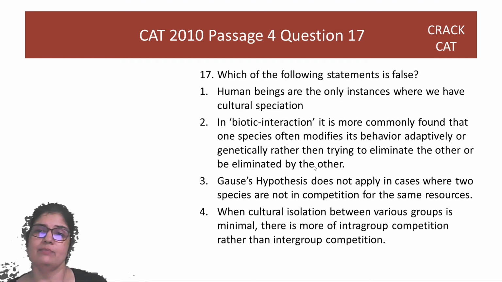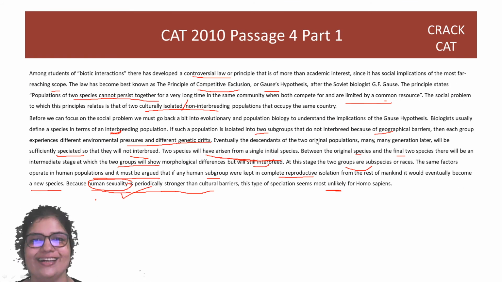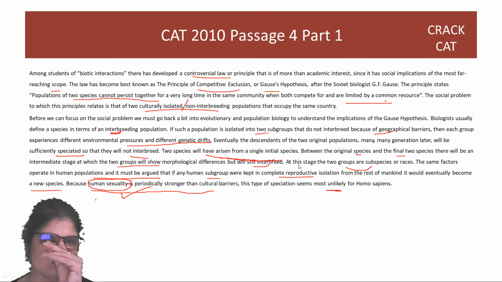Which of the following statements is false? Human beings, this has been stated, right? If you come back here, generally there's genetic difference, but in human populations there's a third possibility also, cultural speciation. I think it's here also.